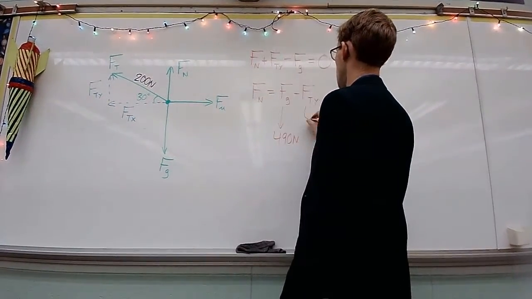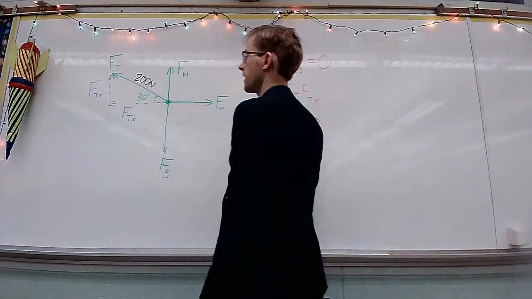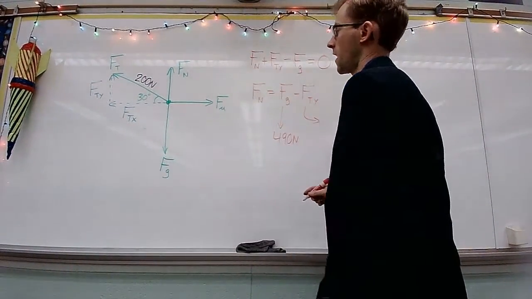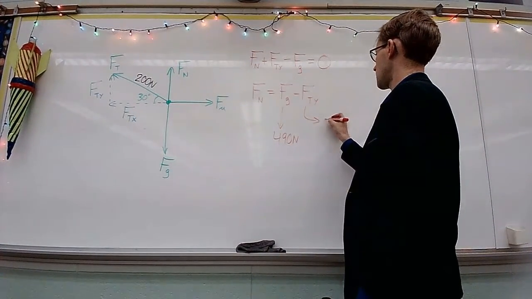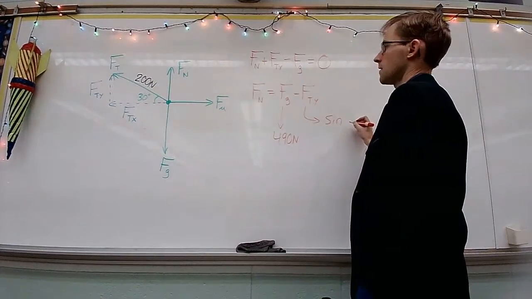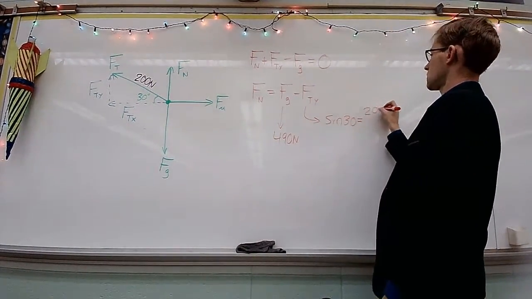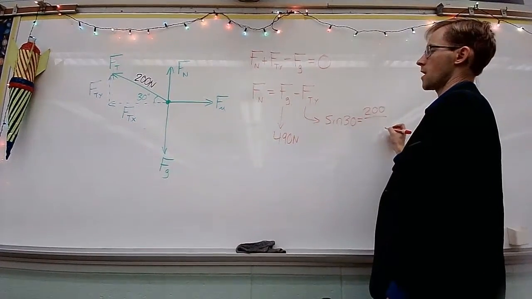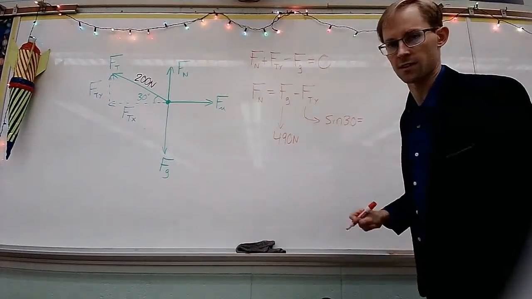That part's easy enough. Tension in the y direction is the opposite side of our triangle, and we know about the hypotenuse, so I'm going to use a sine function here. So sine of 30 is equal to opposite, which is 200, over the hypotenuse. Whoops. I'm making all sorts of mistakes here.